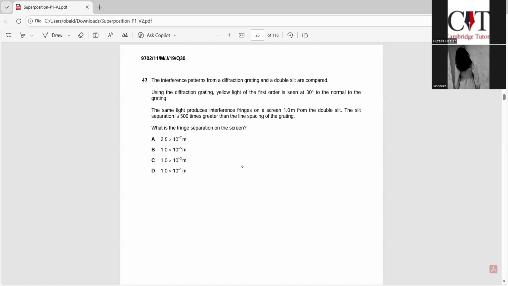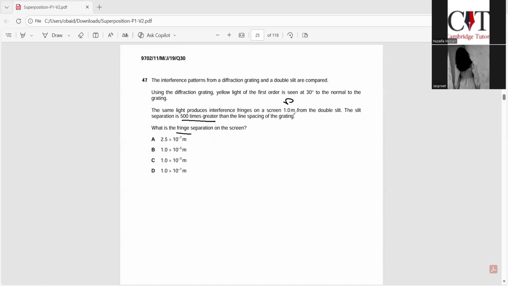So what has been given: the same light produces interference fringes on a screen, and the slit separation is 500 times greater than the line spacing on the grating. We need the fringe separation.